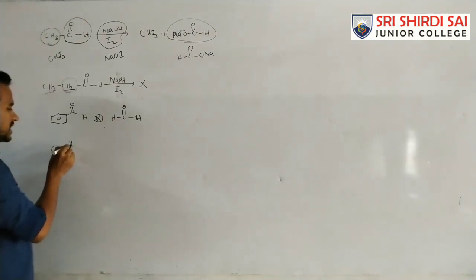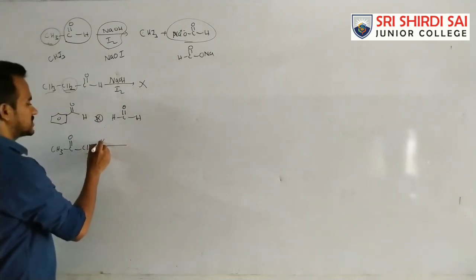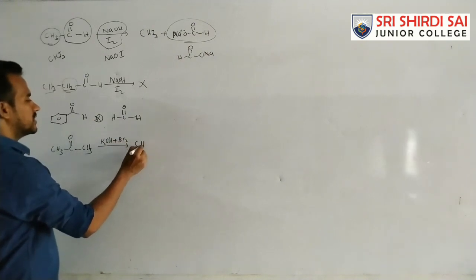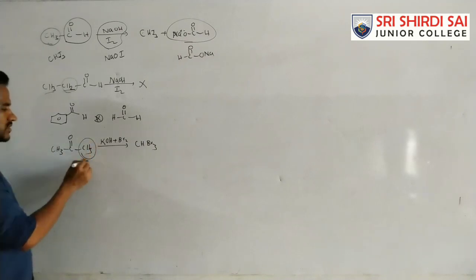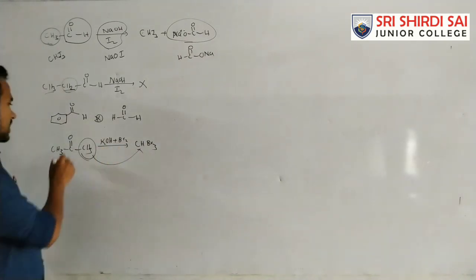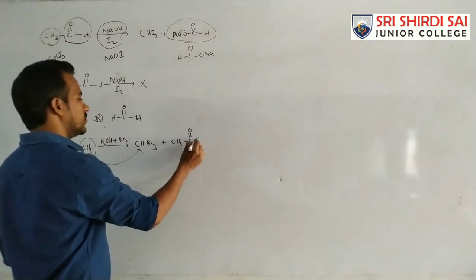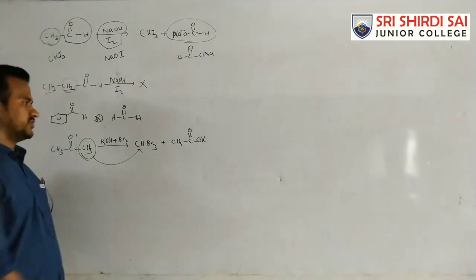Suppose this is acetone, treated with KOH plus Br2. What is the product? It is converted to CHBr3, bromoform, and CH3 C double bond O OK. Potassium acetate is the product.